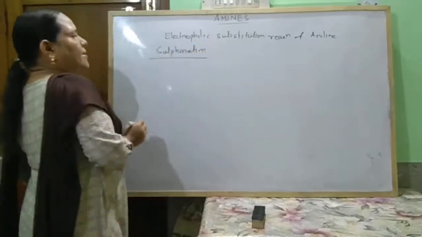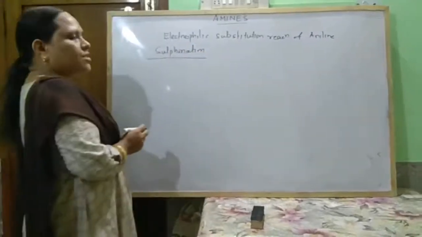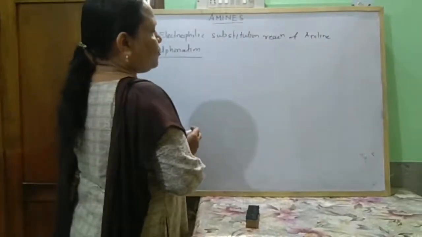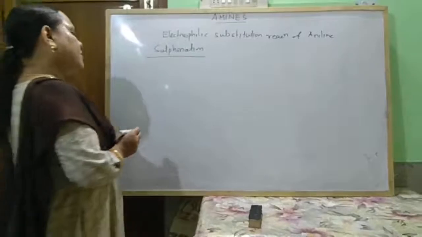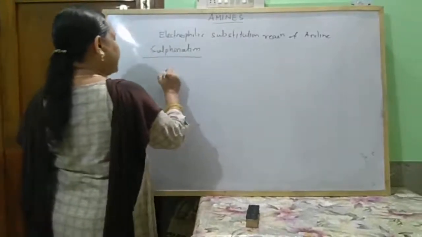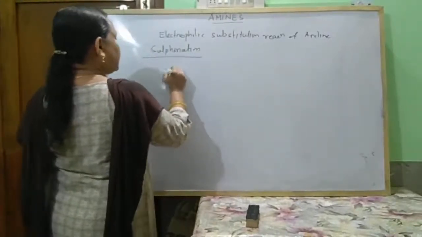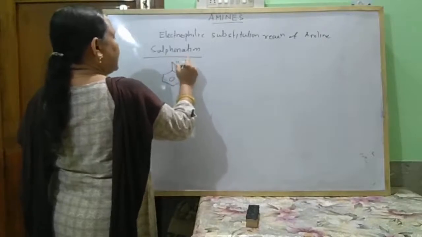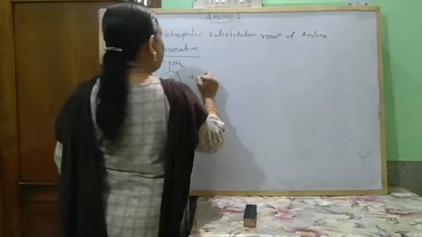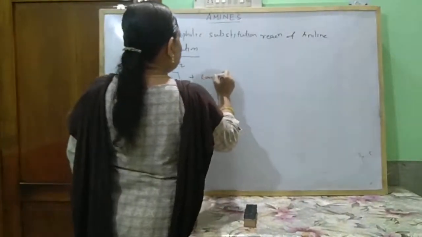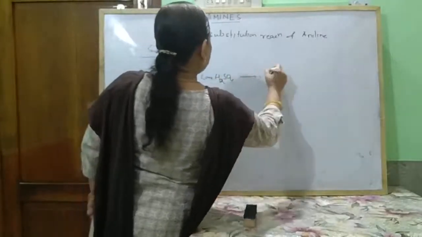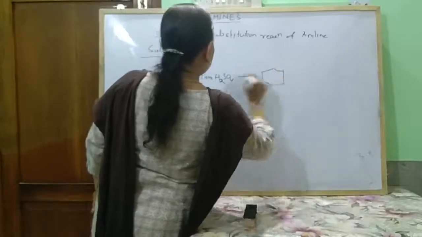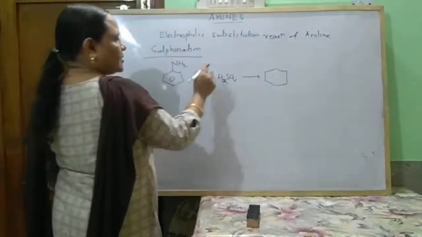So aniline reacts with concentrated sulfuric acid to form sulfanilic acid. That is, NH2 plus concentrated sulfuric acid. Actually first it forms a salt. This is a base, this is acid.